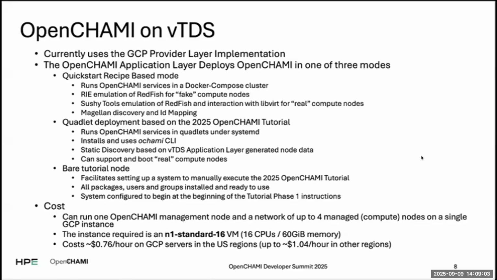So we generate a nodes.yaml in the application layer logic, and then ship it out to the deployment, and then allow the deployment mechanism that runs on the nodes to use that to feed node data to SMD.